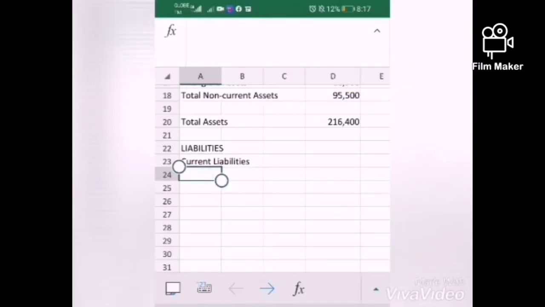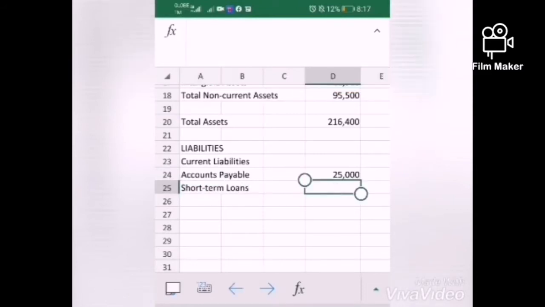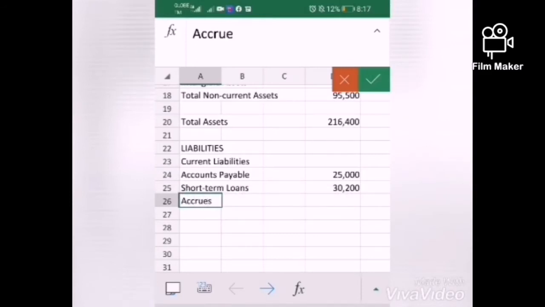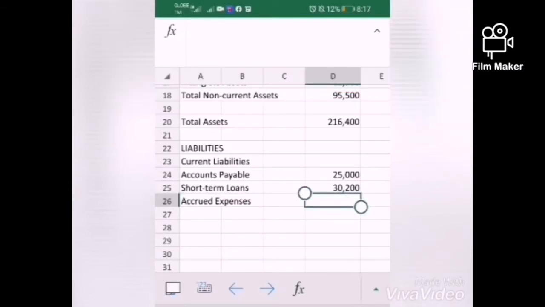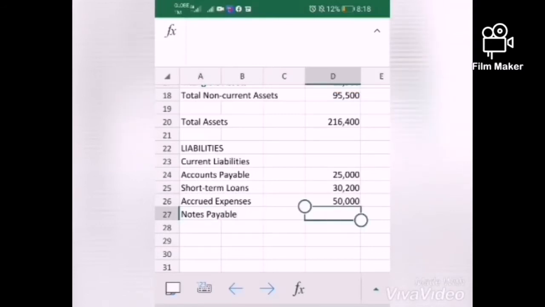These are accounts payable, 25,000, short-term loans, 30,200, accrued expenses, 50,000, notes payable, 20,500.